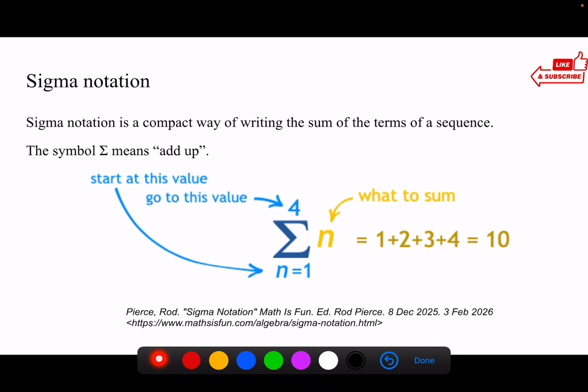Usually at the bottom right here, that is the starting value, and then what you have on top of the sigma notation, that would be the ending value. So you go from, for example, the first term to the fourth term in this case, and here that would give you the general formula.